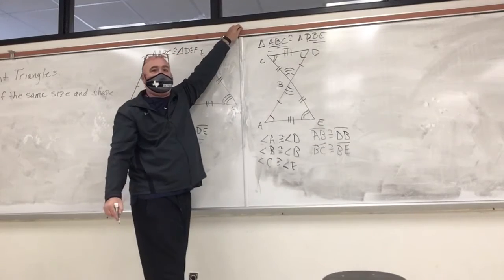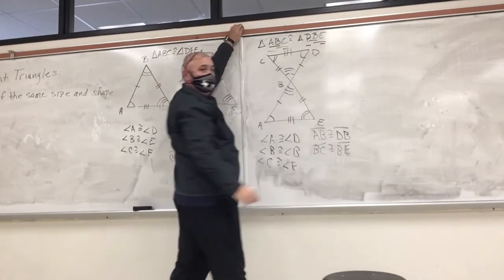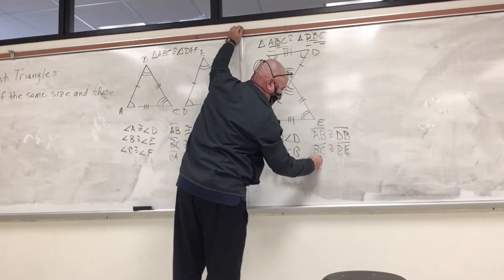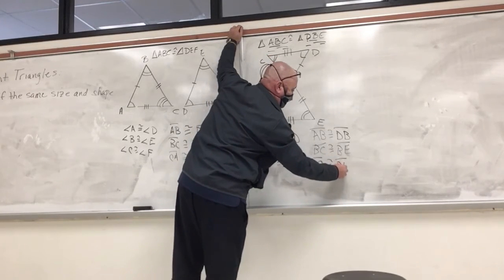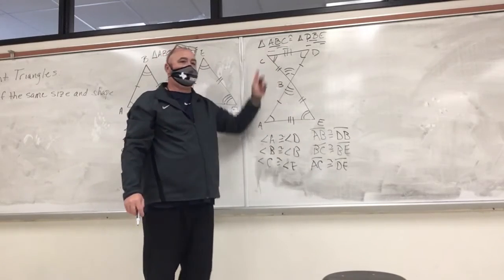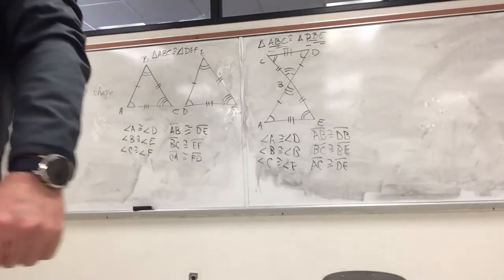AC is congruent to what? DE. AC is congruent to DE. Now I have all my angles, I have all my sides, I have my triangles, I have proven that those two triangles are congruent. Okay?